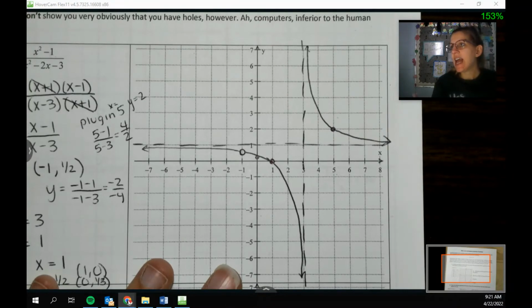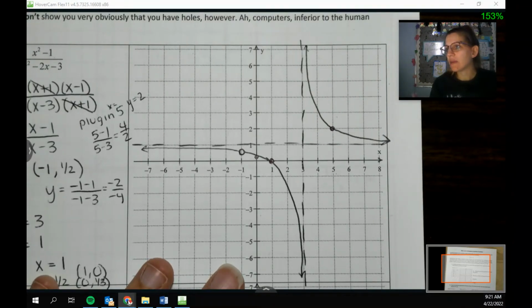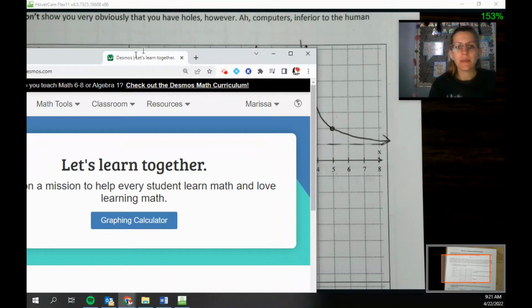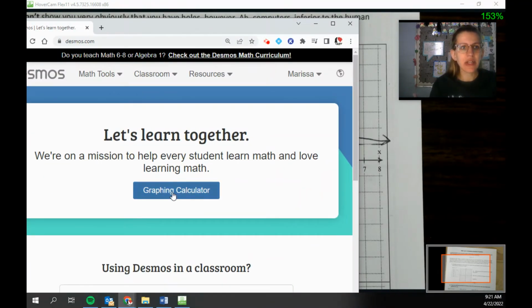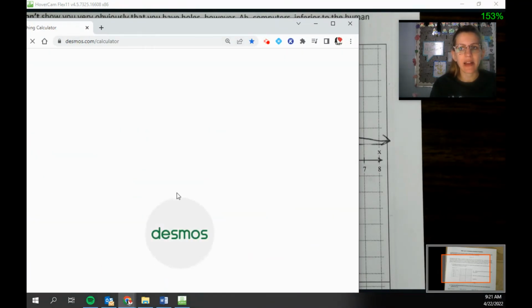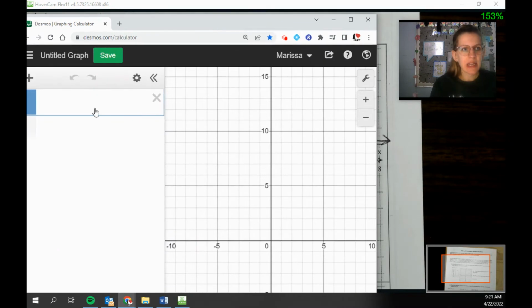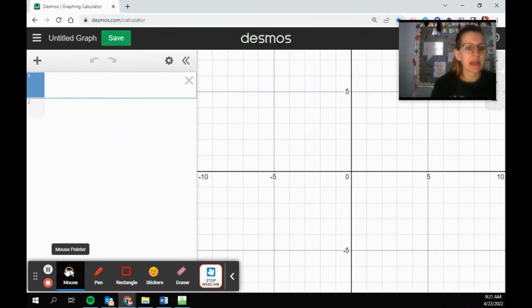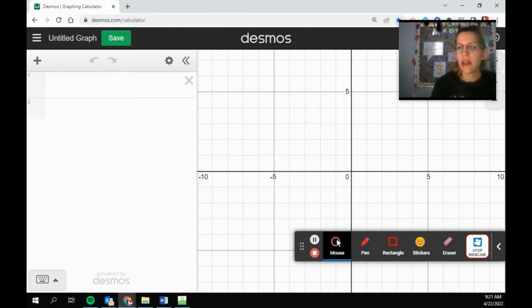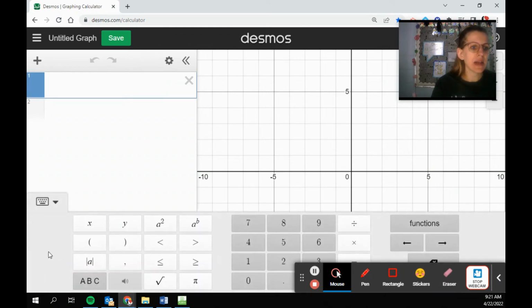But like I said, at the end, if we want to just double check with Desmos, we want to go to desmos.com. We want to click graphing calculator. And then when we type this in, make this big. We want to bring this up here. So we're going to type this in. The equation was y equals, I'm going to type in the full equation.